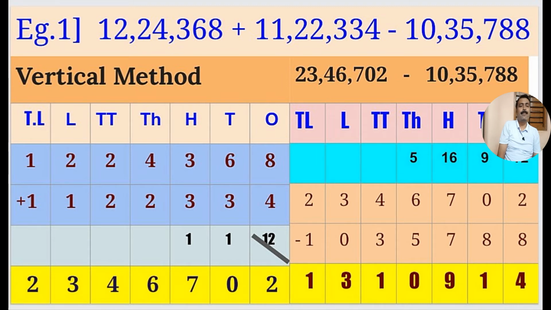Now from this sum, that means the answer of addition, we have to subtract the third number. So at the right side of your screen here I am taking the subtraction in this way. From the sum 23,46,702 subtract or minus 10,35,788.